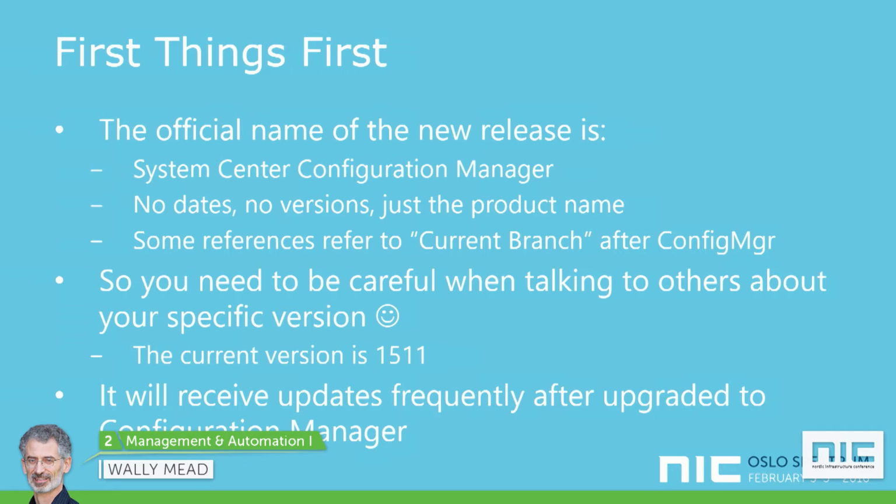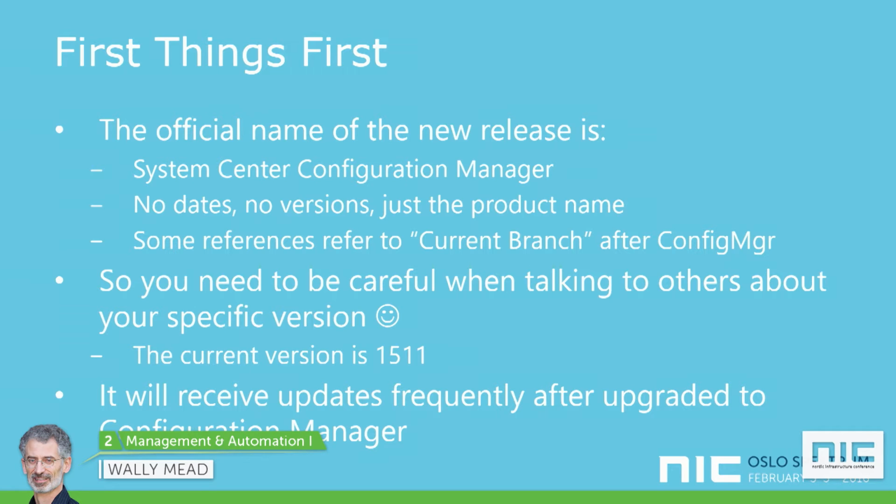So a lot of people are referring to it as current branch because it is a self-servicing model, very much like Windows 10 in a current branch scenario. You're also seeing people refer to it as 1511 because 1511 is the current version number of the current release of the current branch version of Configuration Manager.